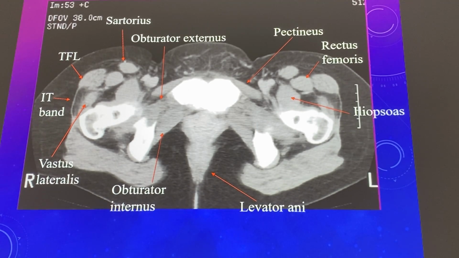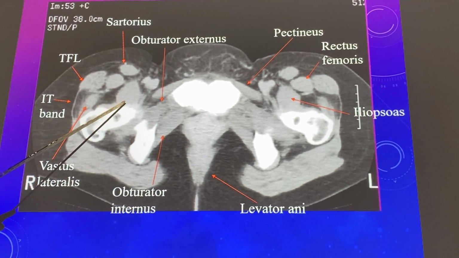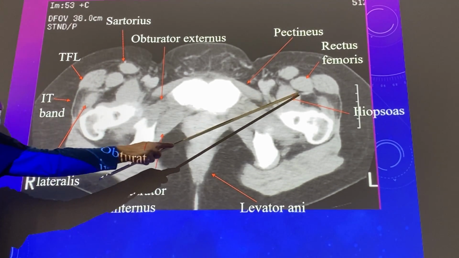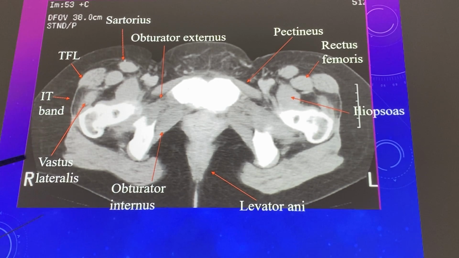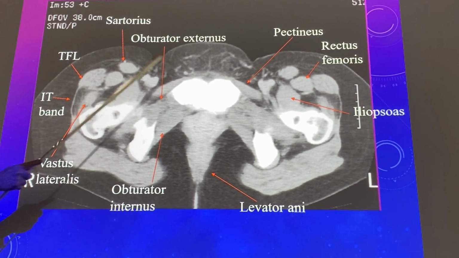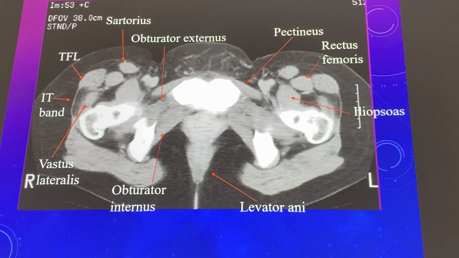Going down, here's what we're dealing with. We have iliopsoas right here. We have this muscle over here, seen on both sides, called the rectus femoris, one of the four quadriceps. The most anterior on both sides is the sartorius, which is the longest muscle in the body.